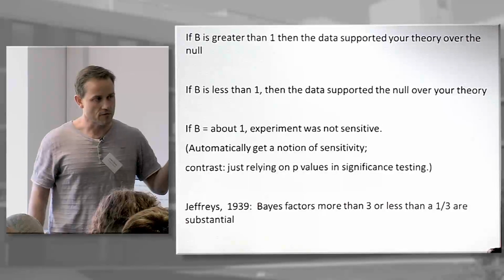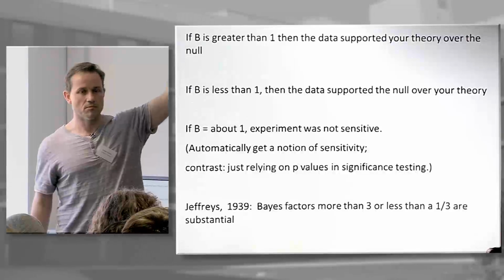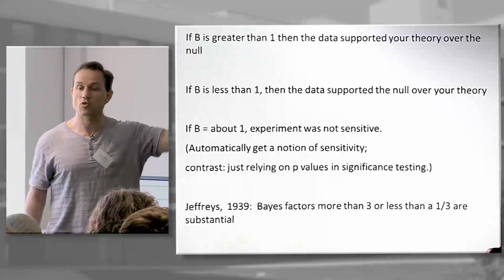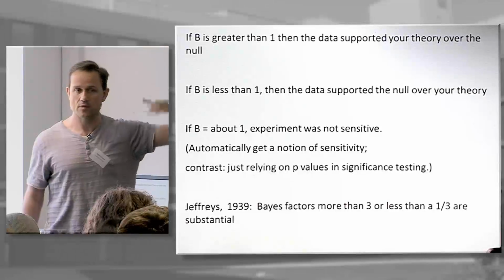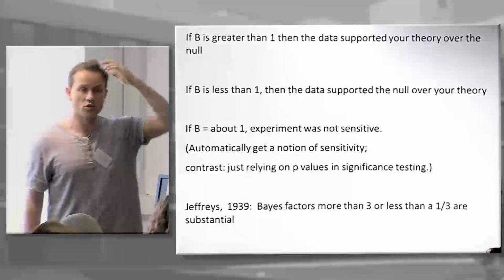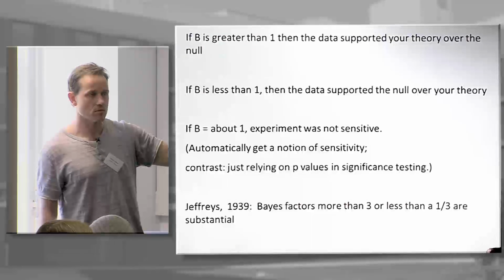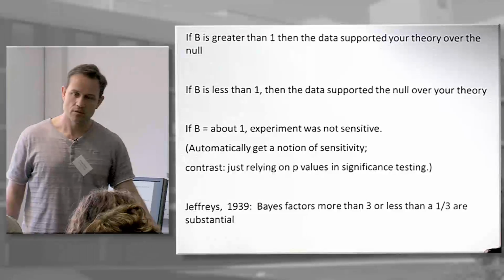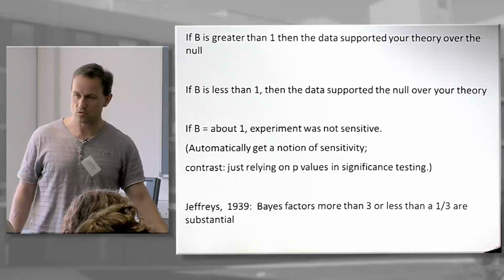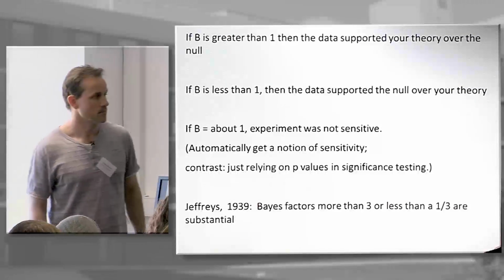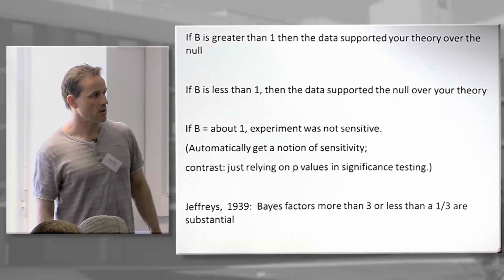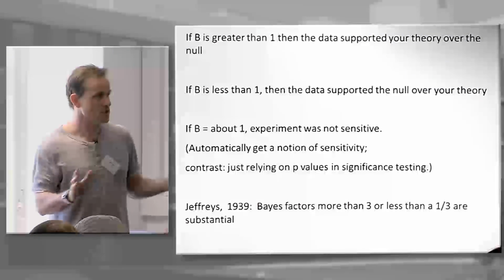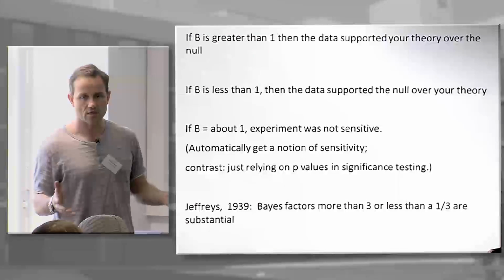And if the Bayes factor is more than 1, the more it departs from 1, the bigger it is, the more strongly it supports H1 rather than H0. And the more it's below 1 and towards 0, the more strongly it supports H0. So a Bayes factor of about 1 means the experiment was not sensitive, you need more data.